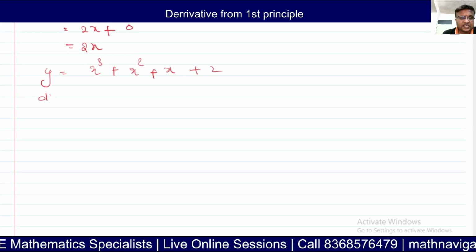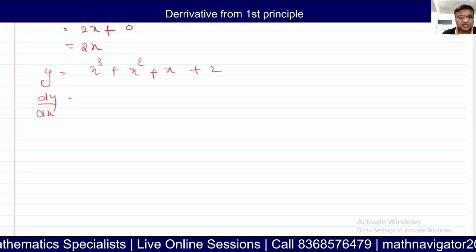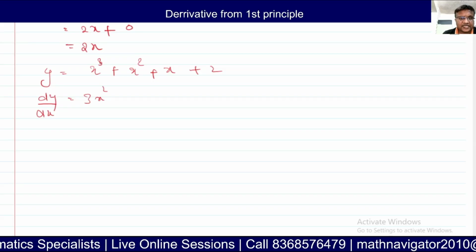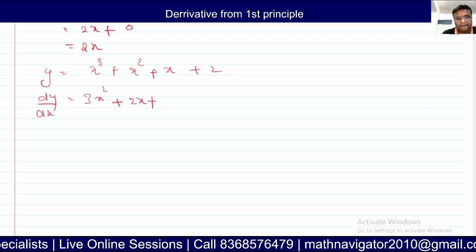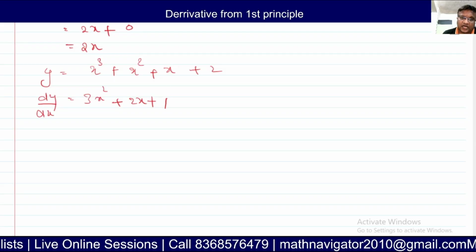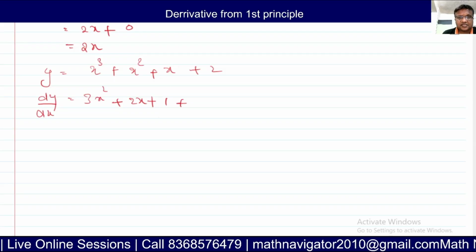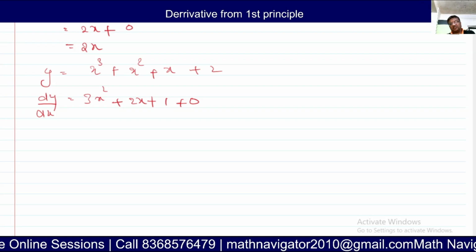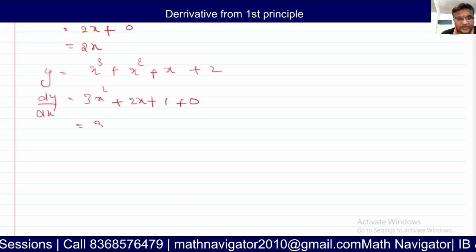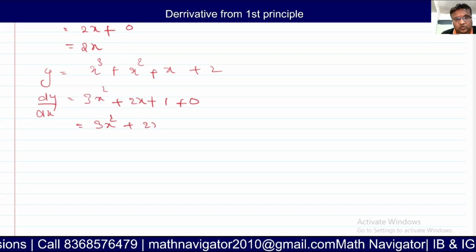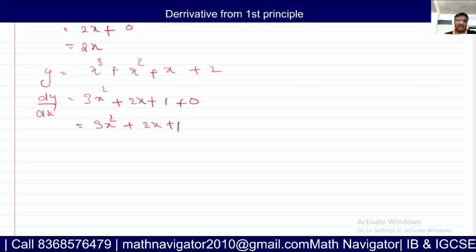This will give me dy by dx is equal to 3x squared, that means n x to the n minus 1, plus 2x plus dx by dx is 1, plus 0. So my answer here is 3x squared plus 2x plus 1. So this is my answer, right?